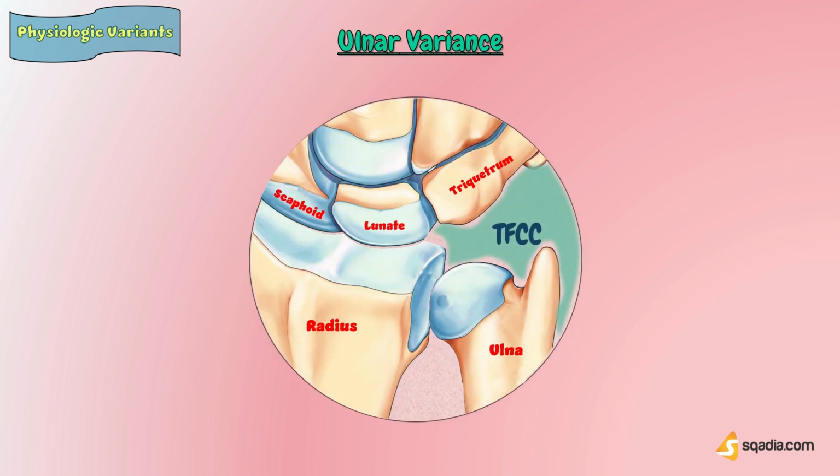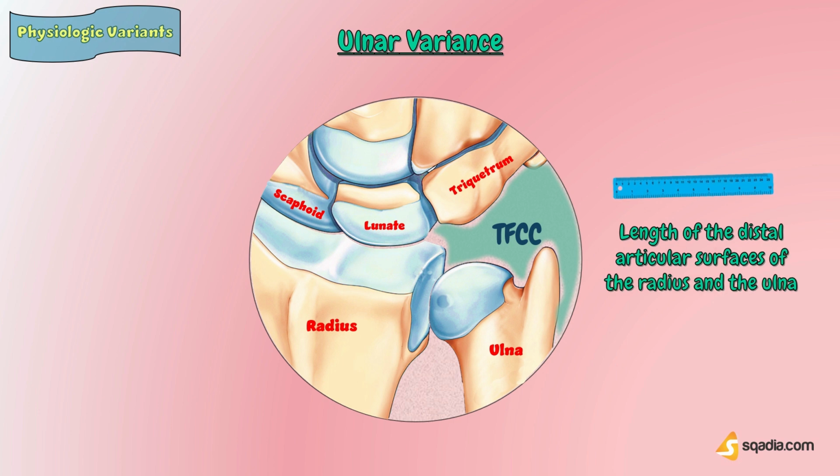Another concept that you should familiarize yourself with when it comes to the triangular fibrocartilage complex is its physiologic variance. It is commonly called the ulnar variance. Ulnar variance affects triangular fibrocartilage complex thickness. Ulnar variance is the relative length of the distal articular surfaces of the radius and the ulna. There can be three types of ulnar variance observed.